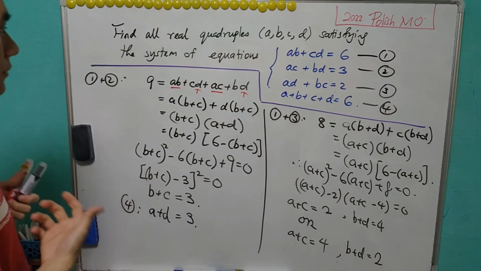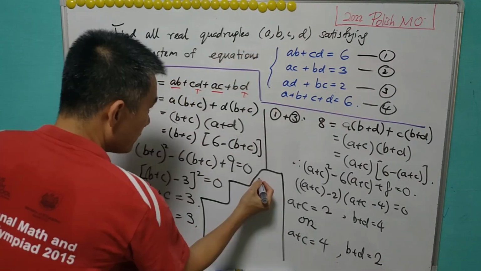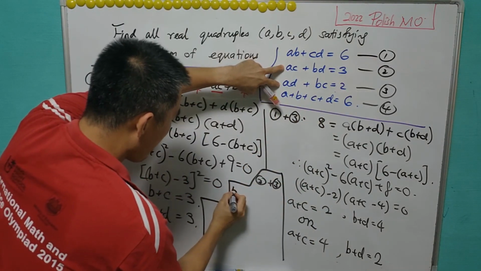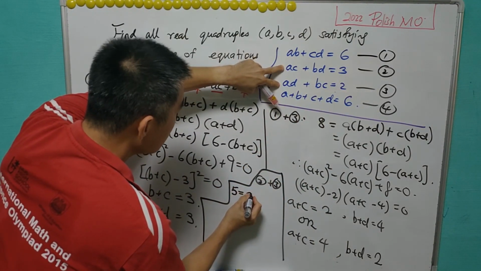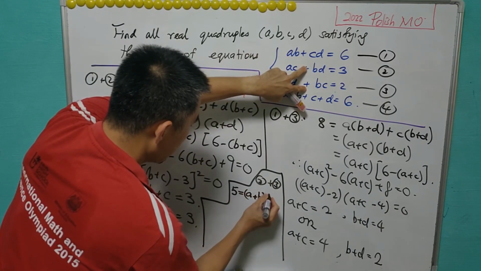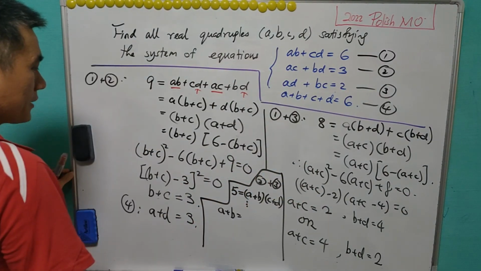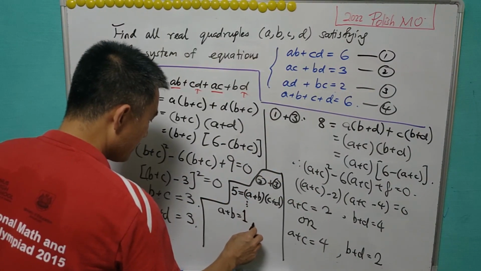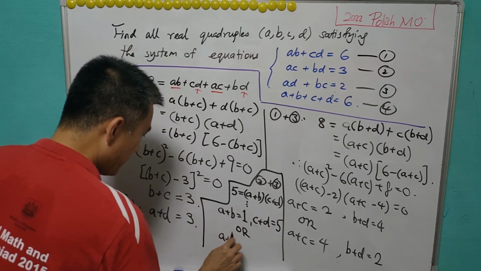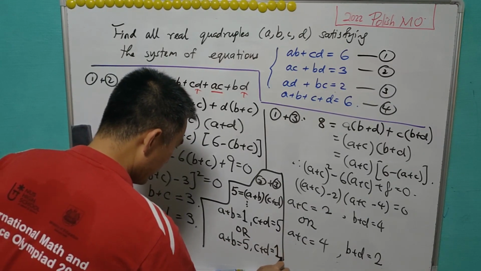Now we do a similar argument for 2 and 3. For 2 and 3, we add up together: 5 equals (A + B)(C + D). Using the similar argument, we get A + B equals 1 and C + D equals 5, or A + B equals 5 and C + D equals 1.